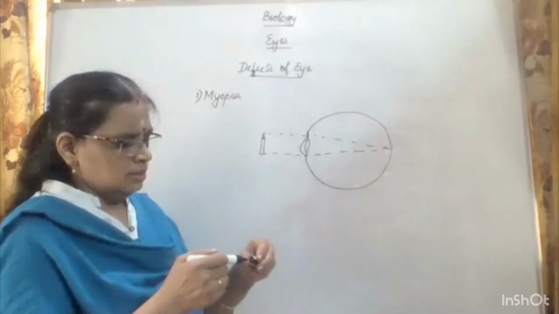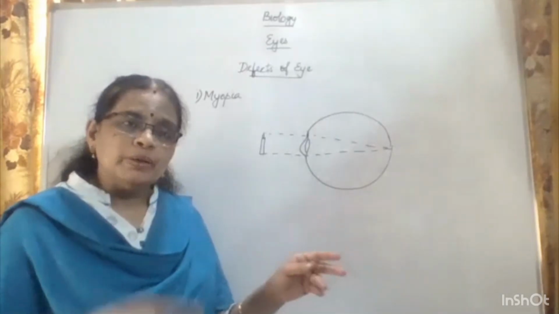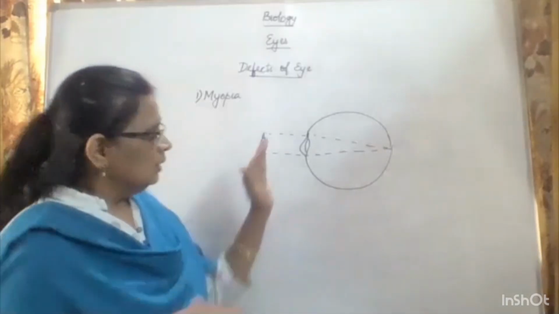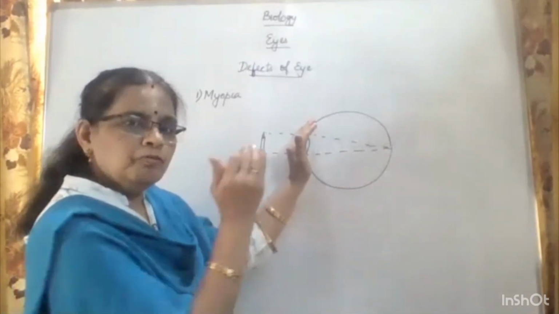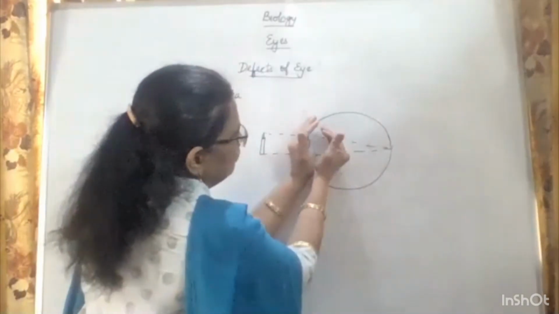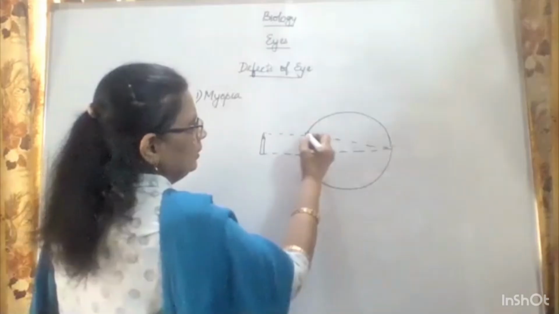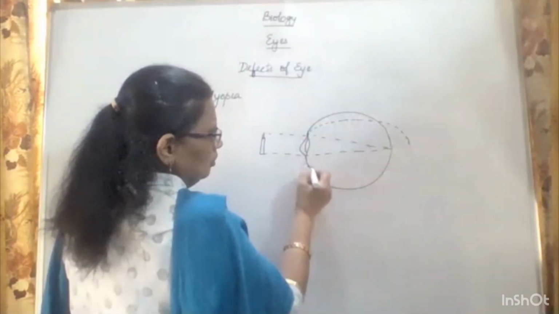Two things are to be corrected, out of which one can be corrected, one cannot be corrected. What is that? In myopia, the eyeball lengthens from front to back.